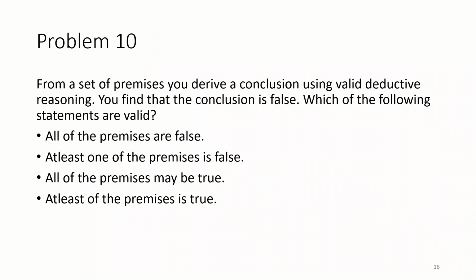So you have a set of premises, and you derive a conclusion. Using those, you find that the conclusion you derived is wrong. Which of the following can be a possibility? We have to tell that.